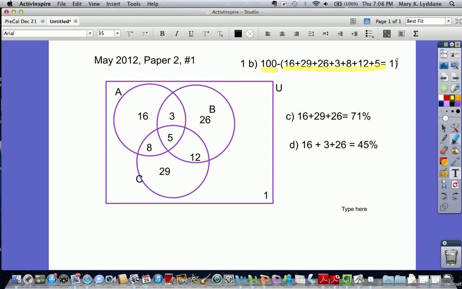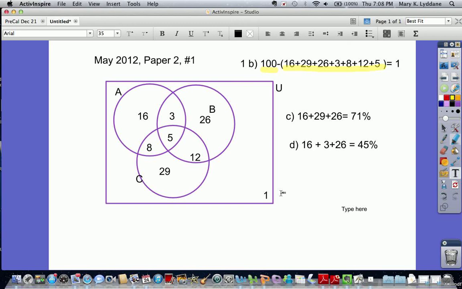There's a typo right there. That parentheses should be right there. That's better. And that's 1%, and I put that inside the universe. Jackson, I put that U there for you, but the 1% doesn't read any of the newspapers.